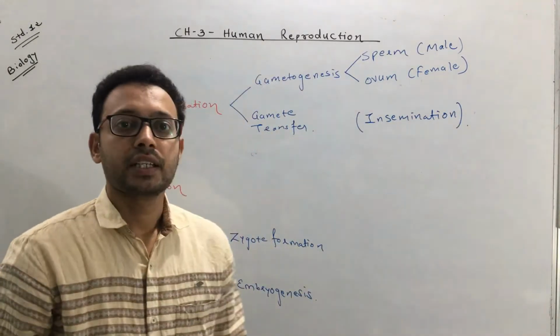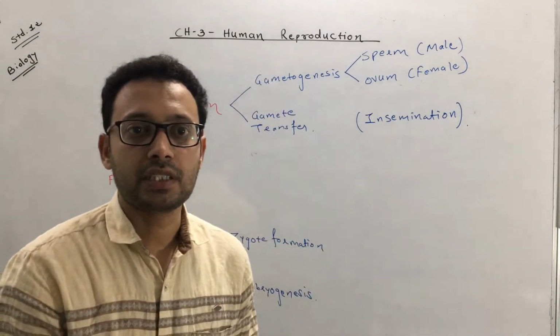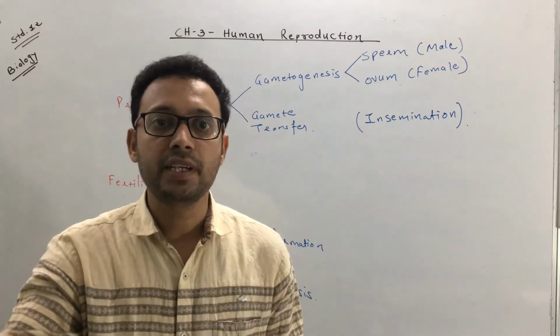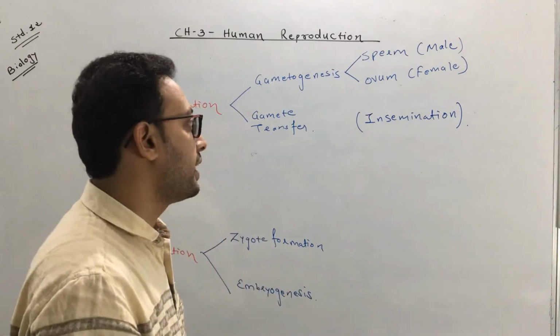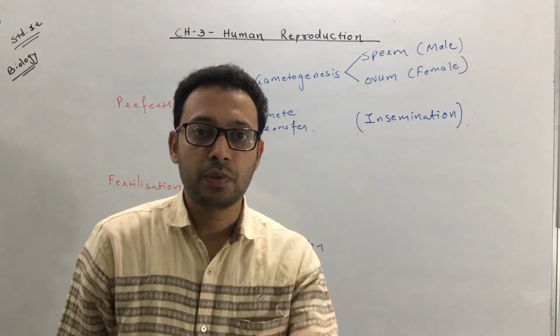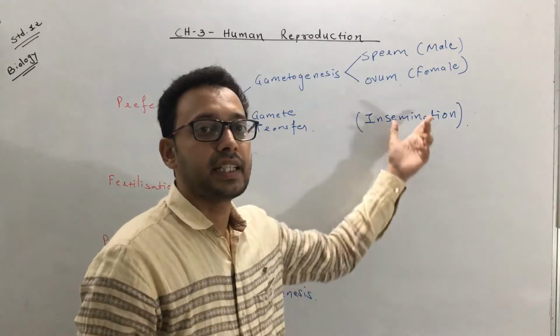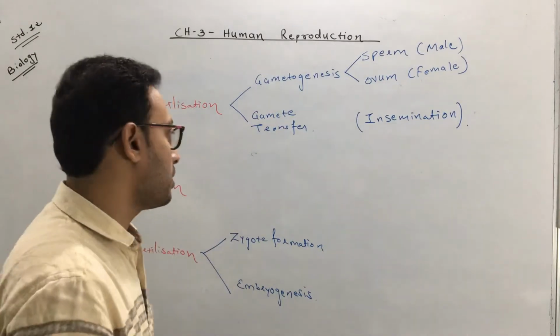What is it called? Insemination. So what is insemination? Insemination means transfer of sperm or male gamete into the female genital tract, or in another term you can also call it deposition of sperm into the female genital tract. This is called insemination. The deposition process is called insemination.